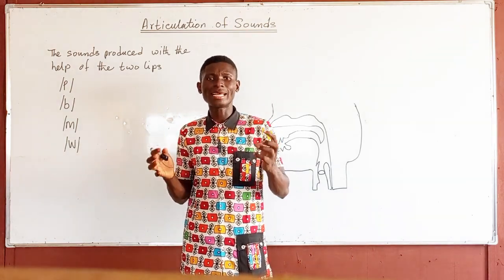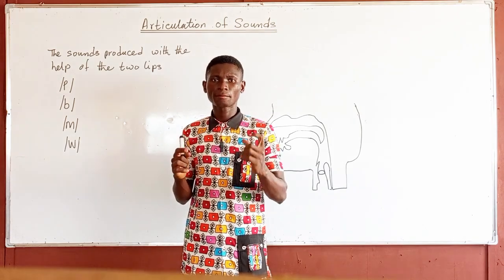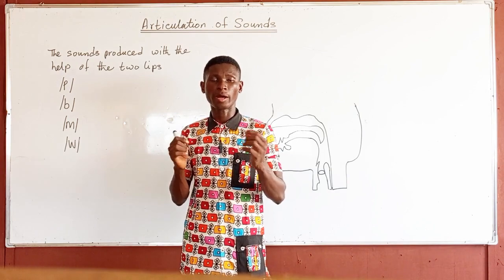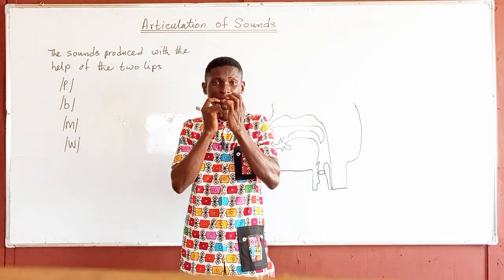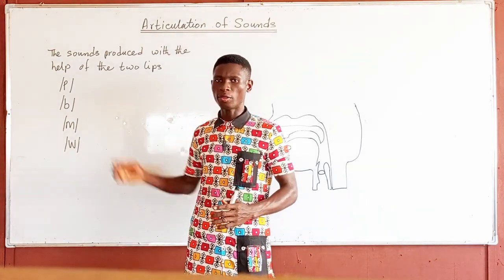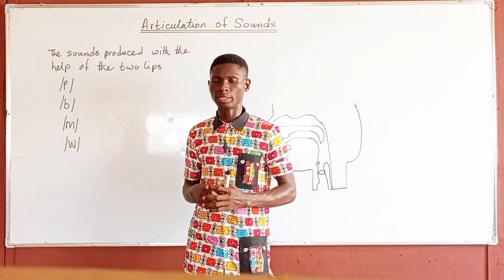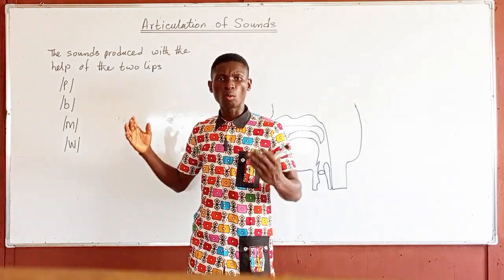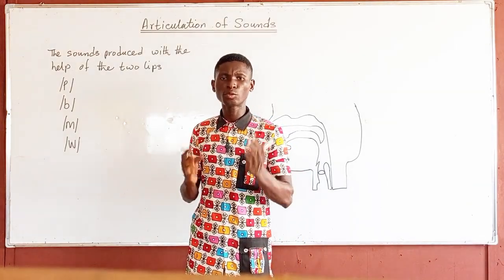It is not completely blocked like m. And then this one is where the two lips you come close and open, unlike the others where you have total blockage. So these are the sounds you can produce with the help of the two lips.